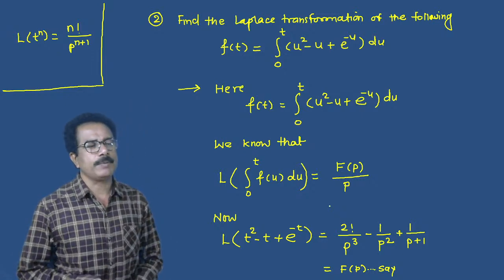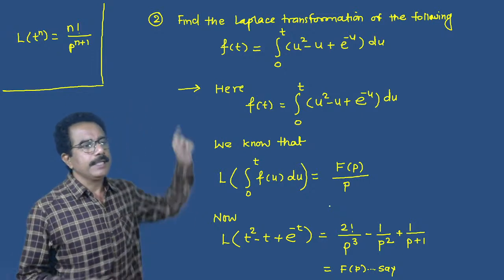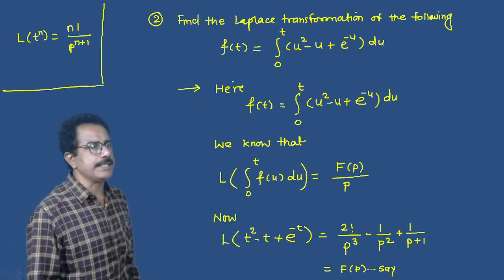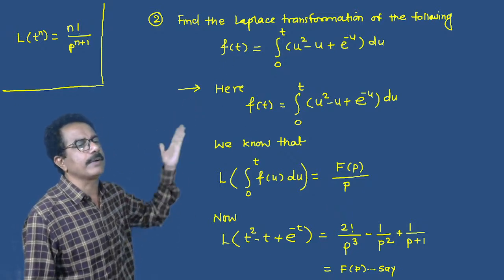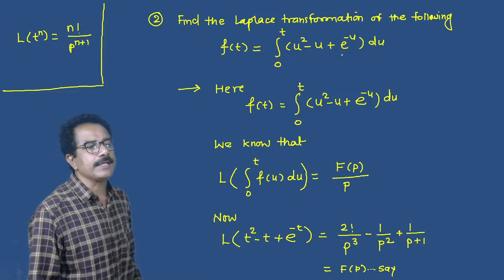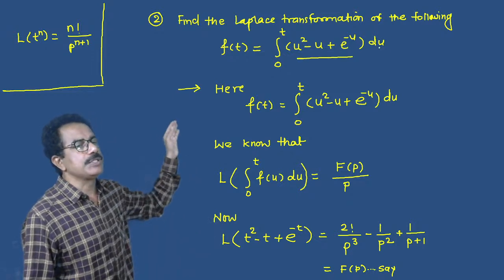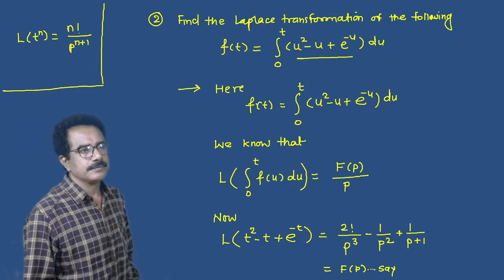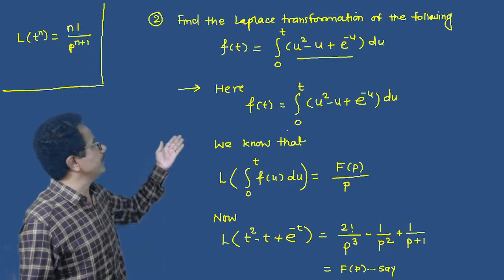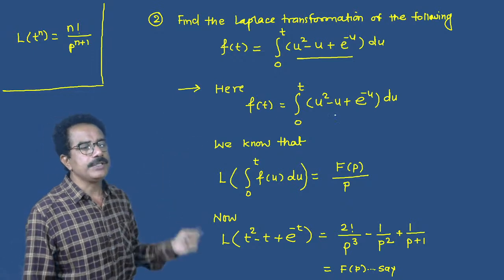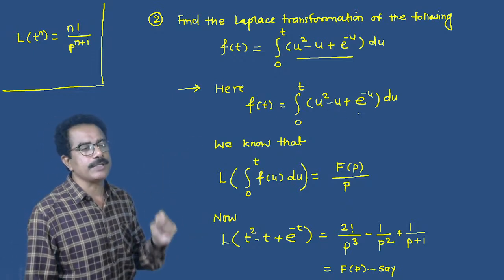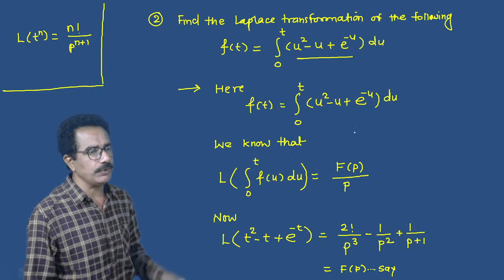Find the Laplace transformation of the following. f of t is equal to the integral from 0 to t of u square minus u plus e raised to minus u du.